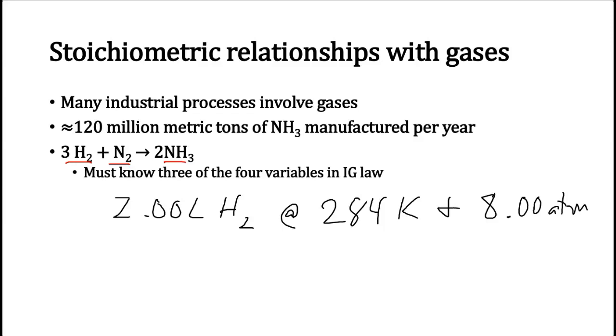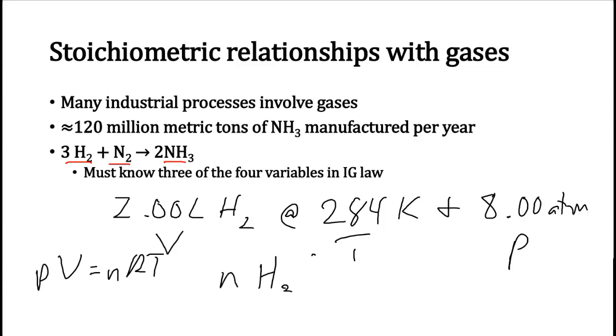If we look at the variables that we know, we know the volume, we know the temperature, and we know the pressure. So we can use the ideal gas law, PV equals nRT, to solve for our moles of hydrogen. And then from there, we could just use a normal stoichiometry relationship.